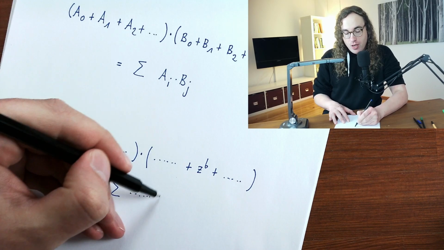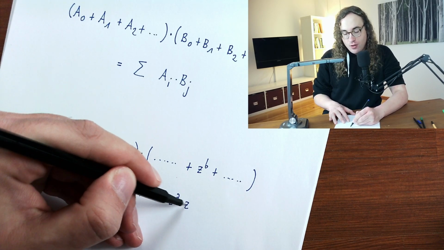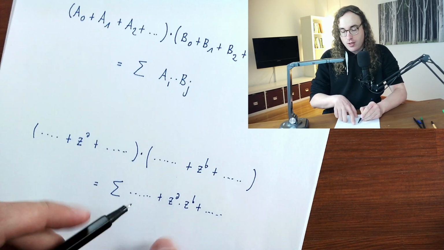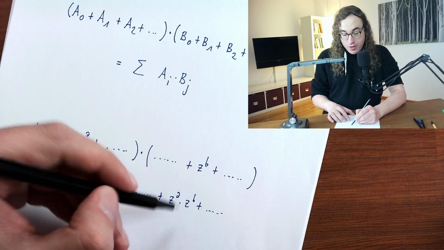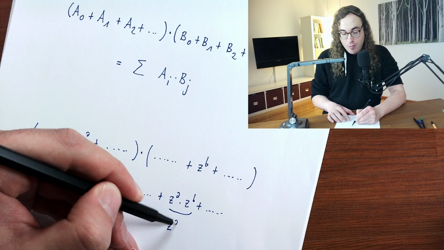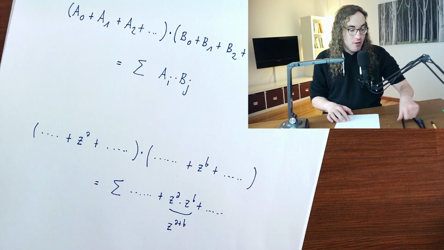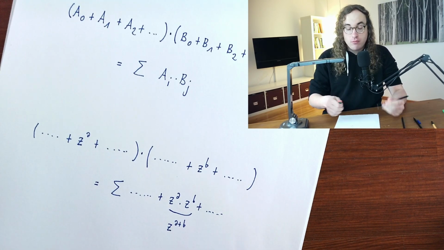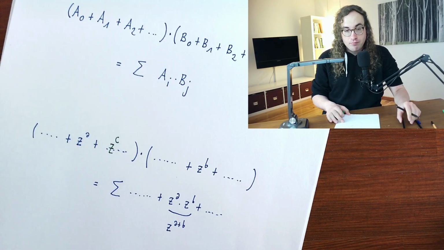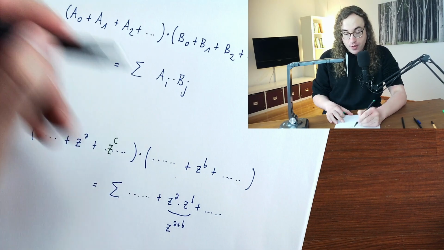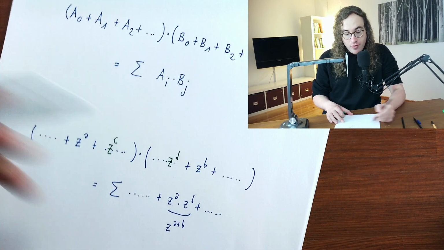But among them, there will be z to the a times z to the b, and all the other summands. So, of course, this is the same as z to the a plus b. But what could happen now is that there are maybe some other monomials in here. So maybe here there could be some z to the c, and here maybe some z to the d in this sum.